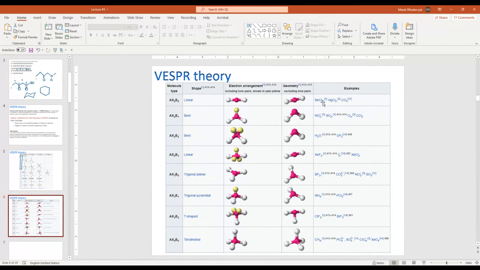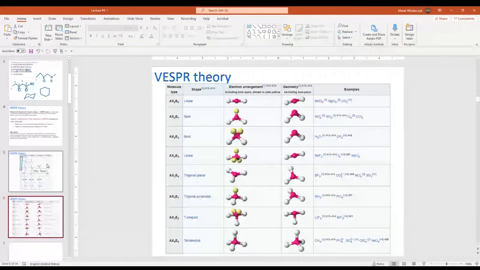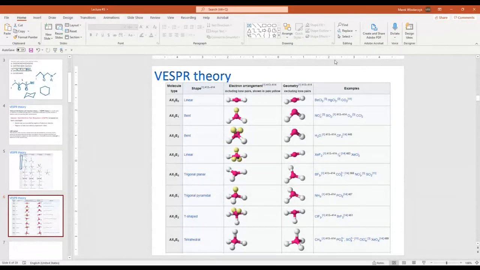Carbon dioxide is a linear molecule, and if you draw its structure, you will see carbon with a double bond one way and a double bond the other way. When we talk about hybridization, I'm going to show you why it is this way and not bent, for example.